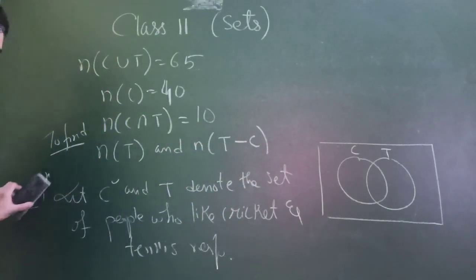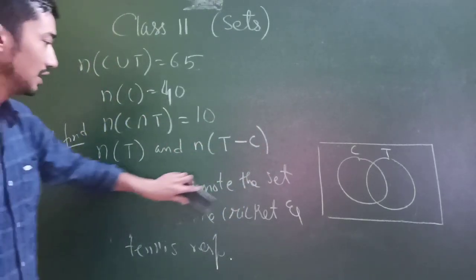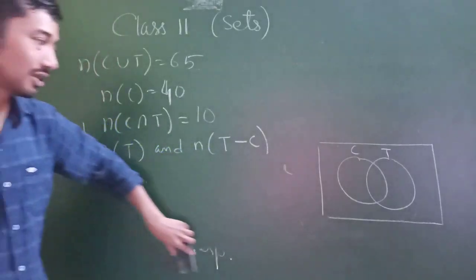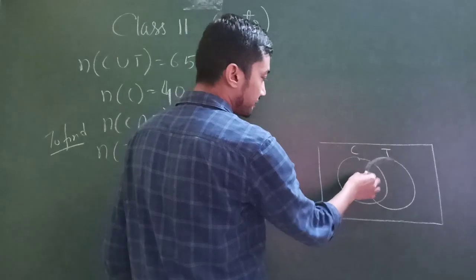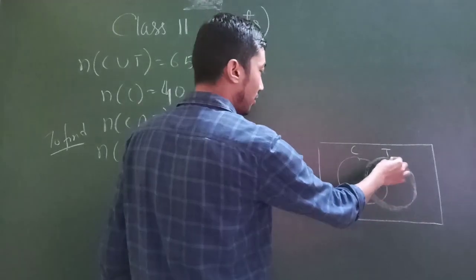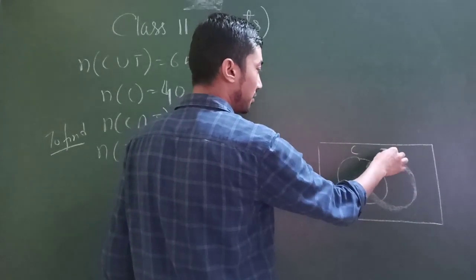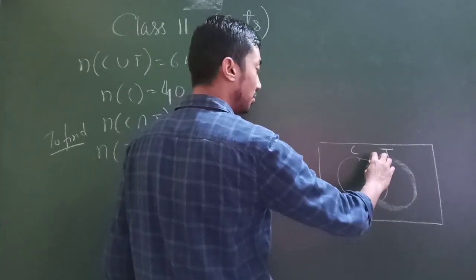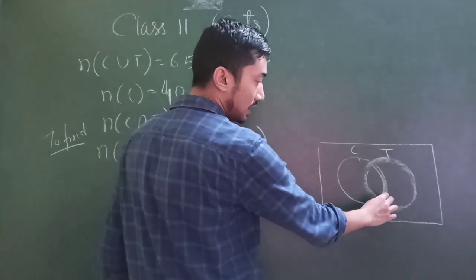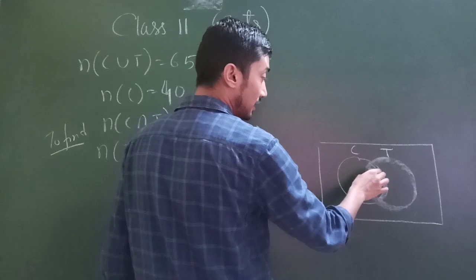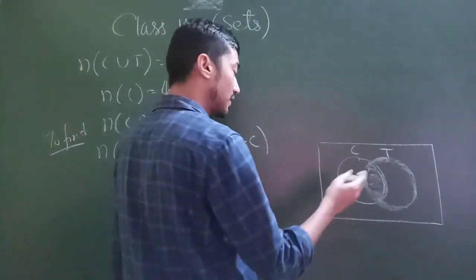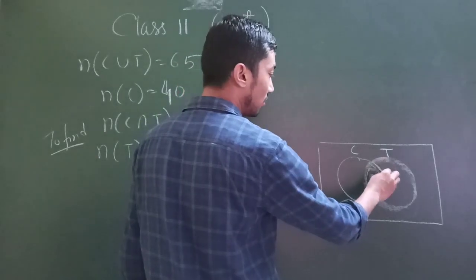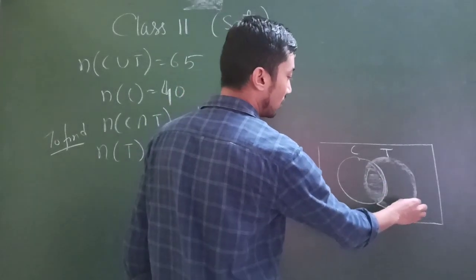You see, that has to be the solution. Tennis only, no cricket actually. Because see what happens here is, these are the group of people who like tennis, but this section of the people here, they like tennis also, and then they like some part of the cricket also, isn't it? So the first question is, they want only the people who like only tennis.